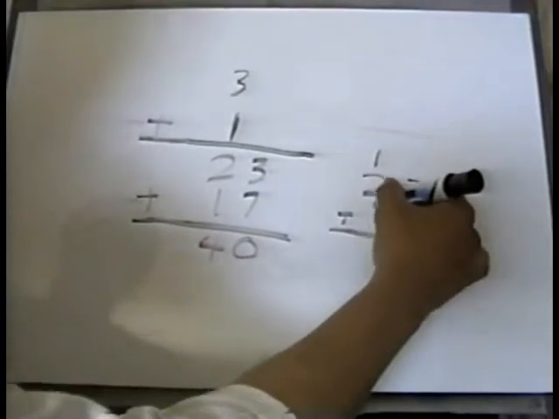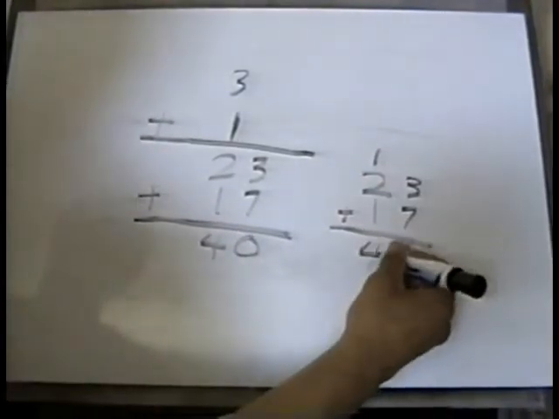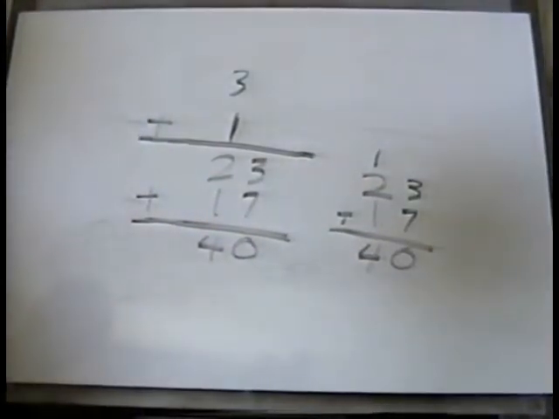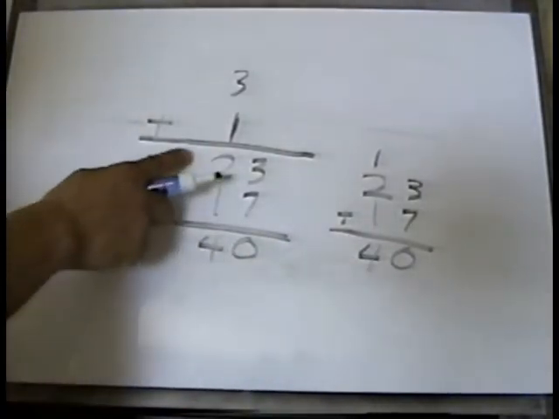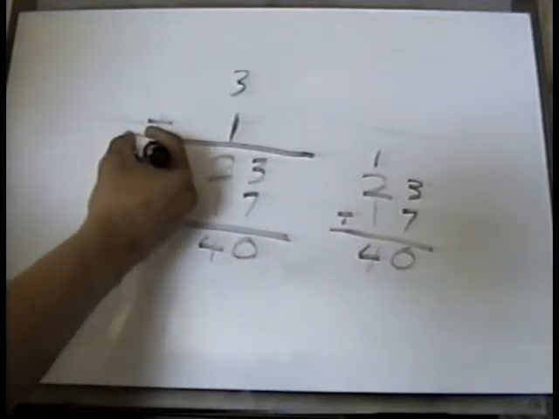You understand? Instead of the traditional way, 7 plus 3 is 10, you put your 1 here. 2 plus 1 is 3, add the 1, you get 4.